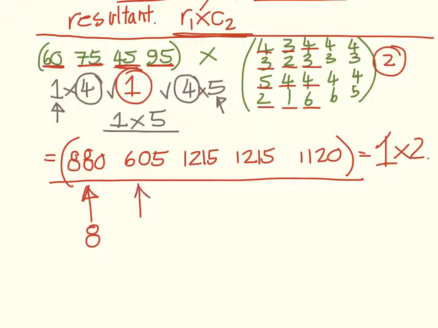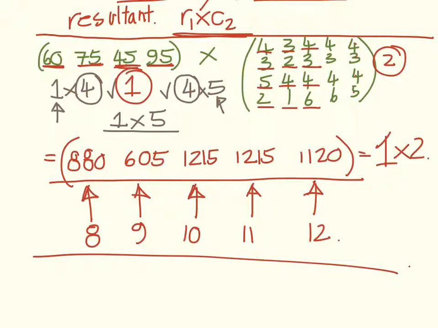The cost of size 9 shoes lost in the fire was $605. The cost of size 10 shoes was $1215, 11 same, and size 12 shoes was $1120.